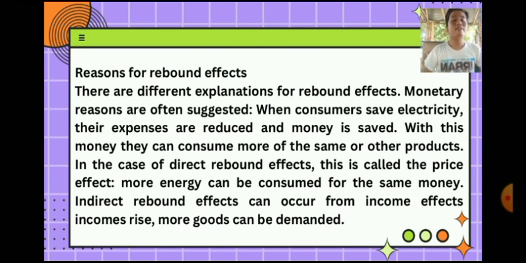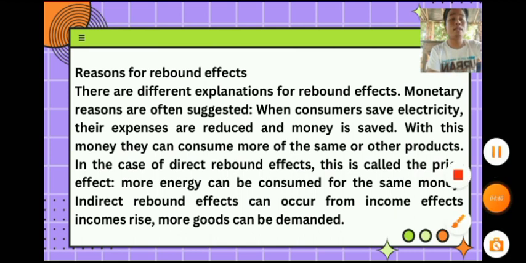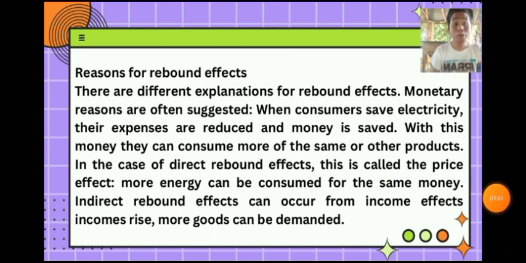So there are different explanations for rebound effects, and that is the monetary reasons are often suggested. When consumers save electricity, their expenses are reduced and money is saved. Is it true? Yes. Once ka mag-save ng electricity, gamay ra kag mabayaran and makatigom sad kag electricity.